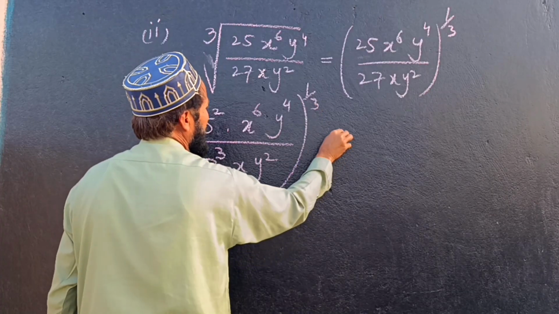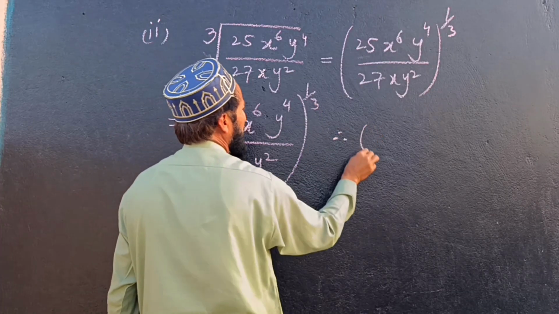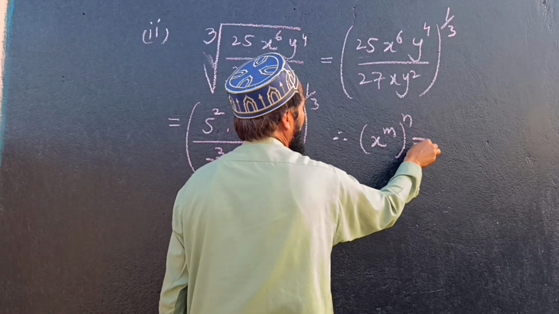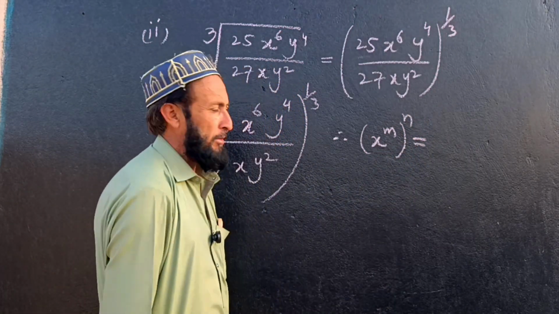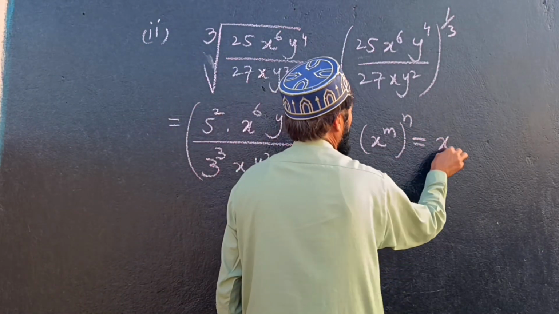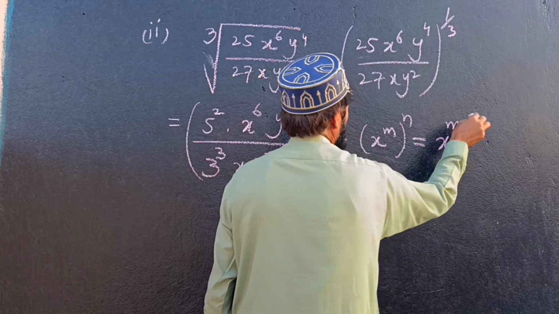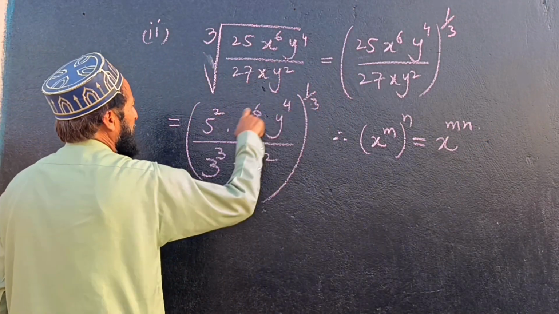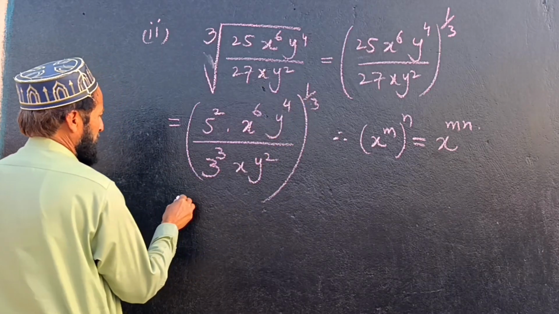Now according to the double exponent rule, x exponent of m whole exponent of n, we can multiply their exponents to each other. Similarly we can multiply this exponent to each term.